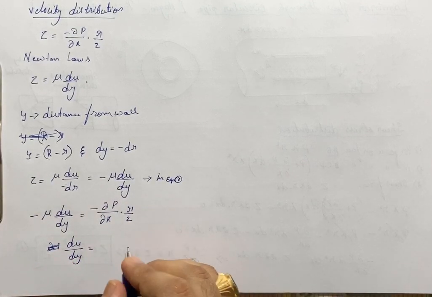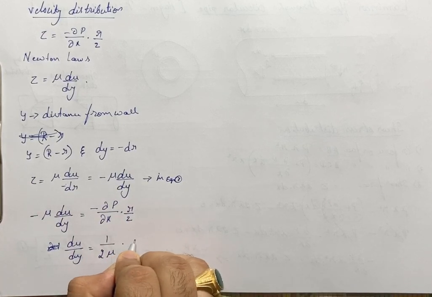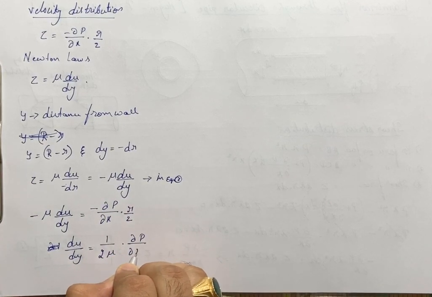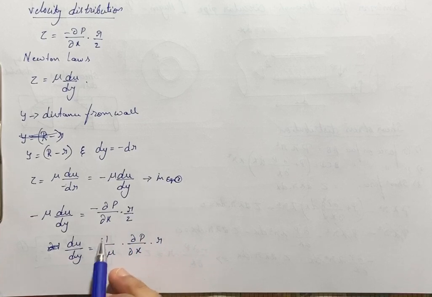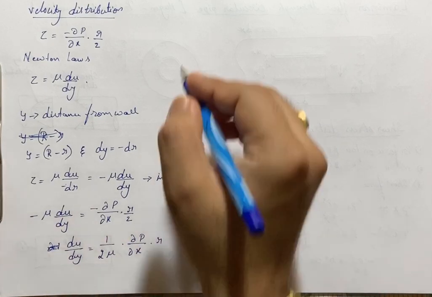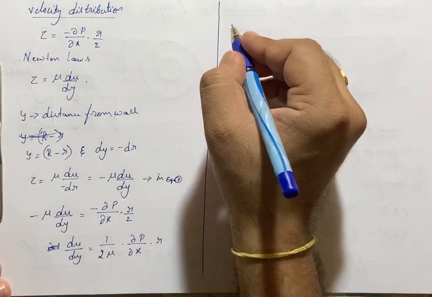This becomes 1 divided by 2 mu into dou p by dou x into r. What I have done is I have taken mu to the denominator on the other side, with 2 below into mu. Now to find out the value of u, what are we supposed to do? We need to integrate this equation here.